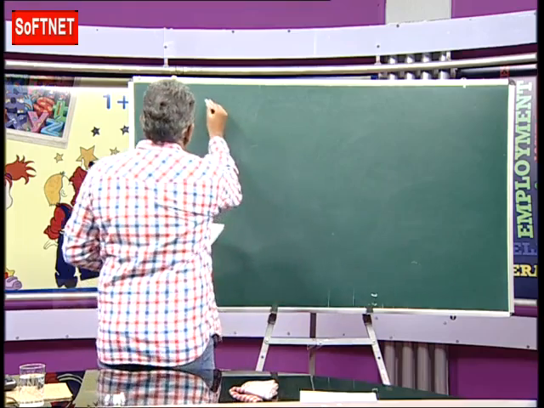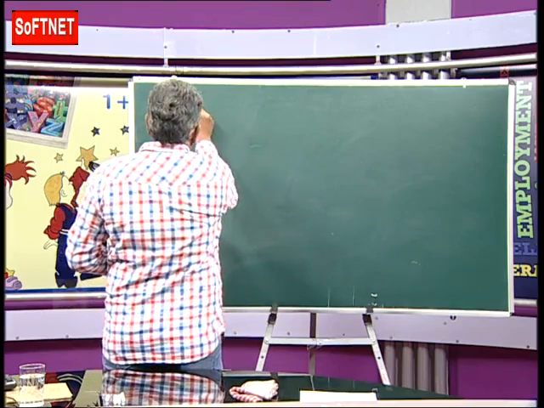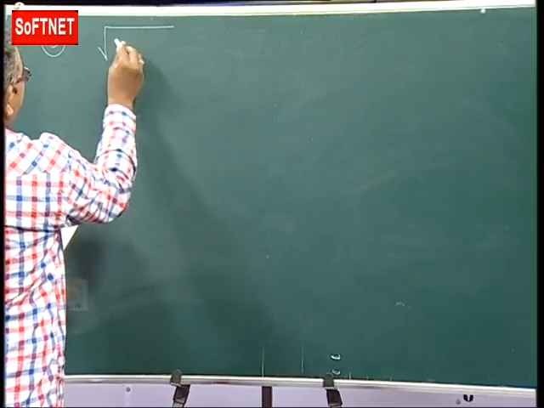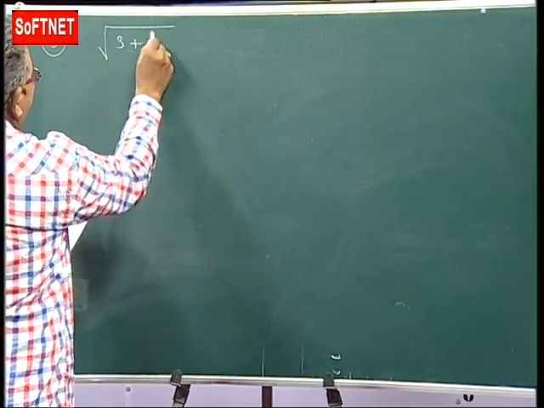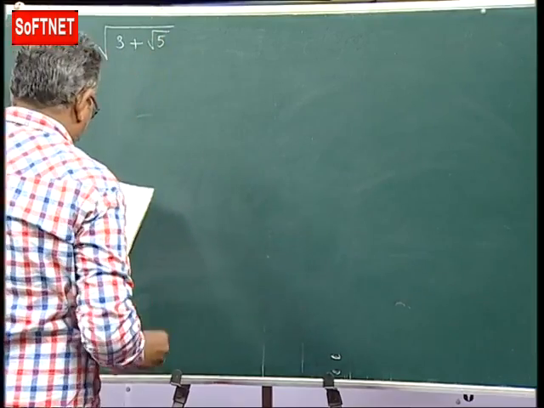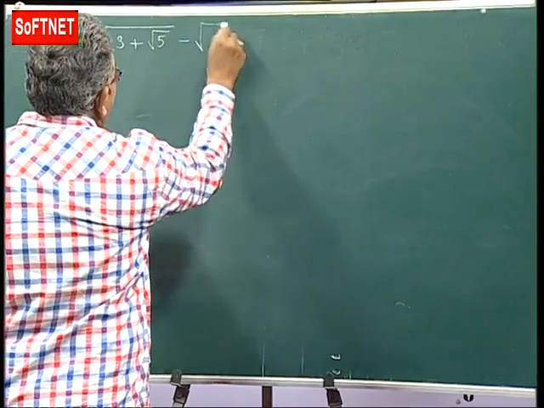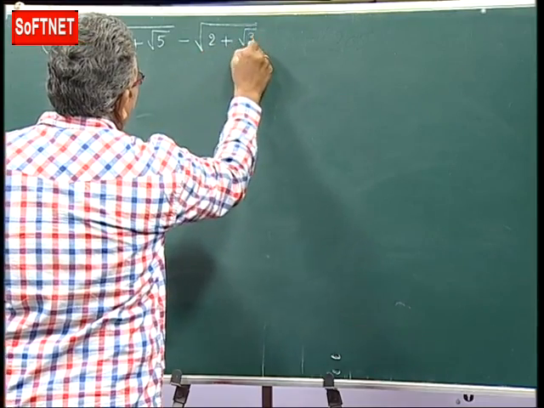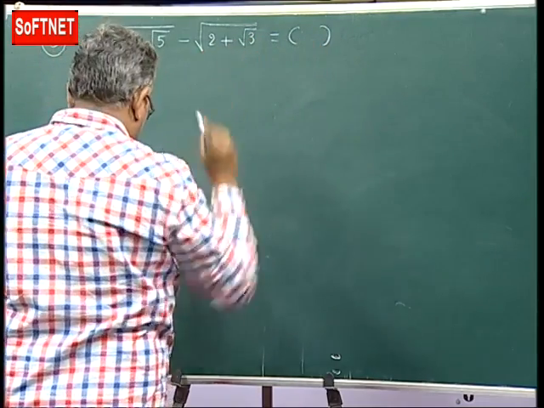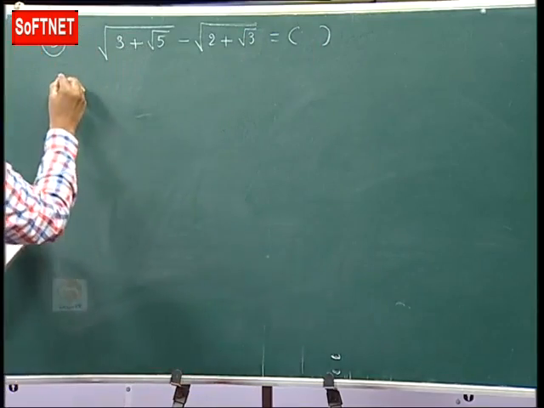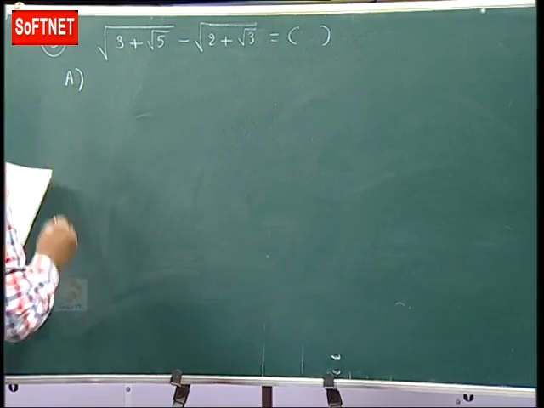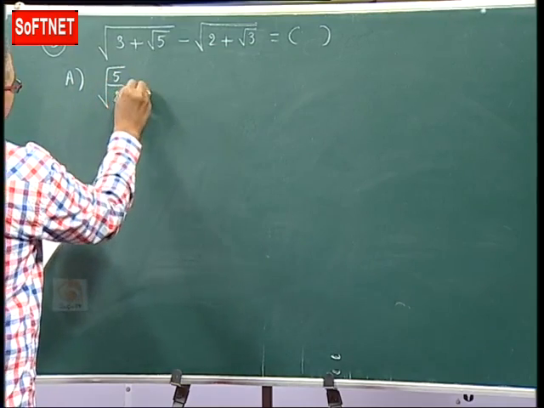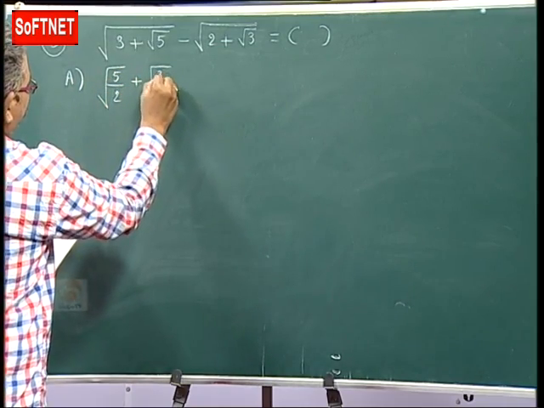Next, third problem. Root of 3 plus root 5 minus root of 2 plus root 3 equals to. Option A: root of 5 by 2 plus root of 3 by 2.